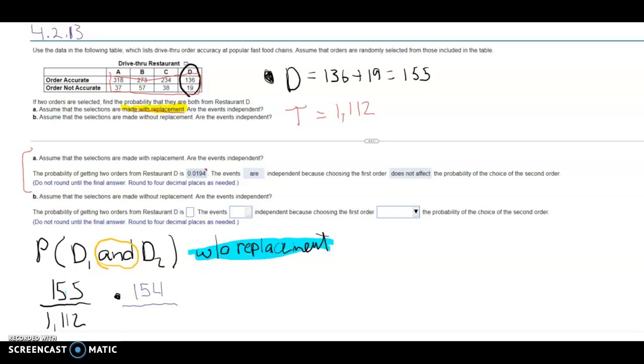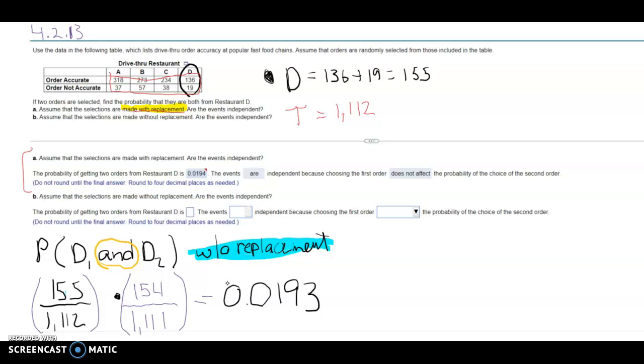So instead of 1,112, I have 1,111. So now I'm multiplying 155 over 1,112 by 154 over 1,111. And you can do that in your calculator. And you will get 0.0193 when we round it to 4 decimal places. So not the same answer, but very close.